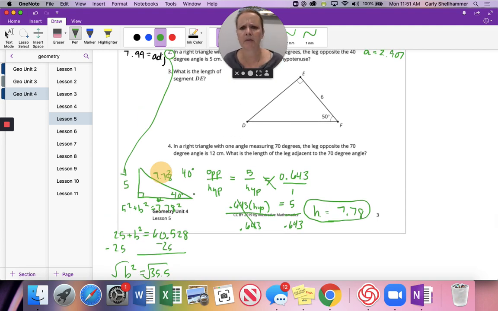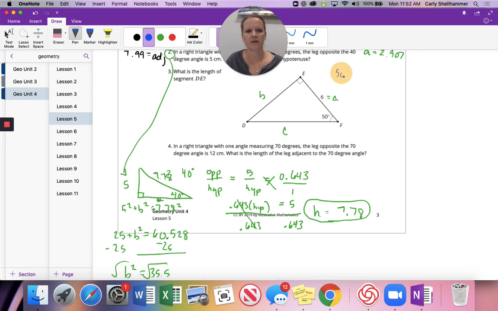All right, number 3. What is the length of segment DE? We're going to call this A. Well, let's call it B. C is always the hypotenuse. All right, so if we had 50 degrees. Let's change colors so we don't get it confused with other things.